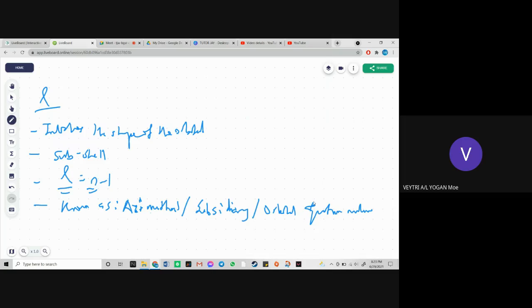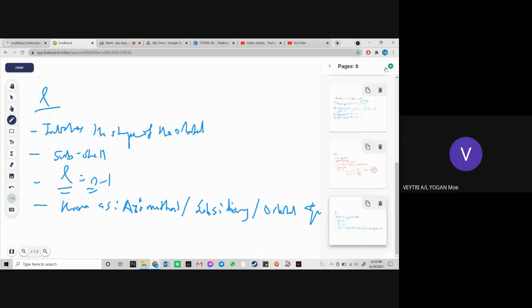All three can be used, so don't be confused or panic if they use different terms to represent L. Now let's have a look in detail at how L works.